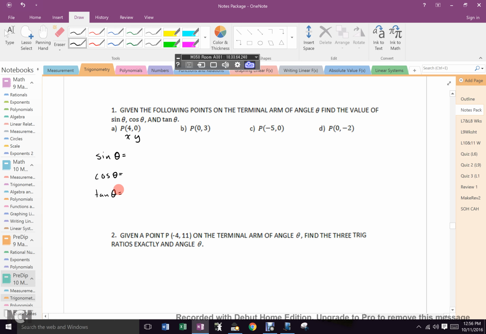Sine, according to the chart we just did, is what? Y over R, correct? Y over R? Okay, so what's the R here?